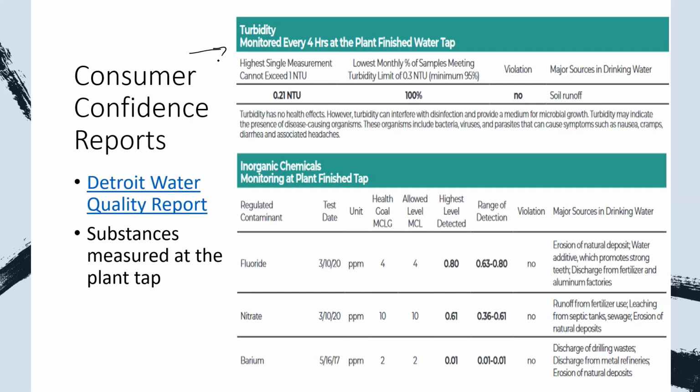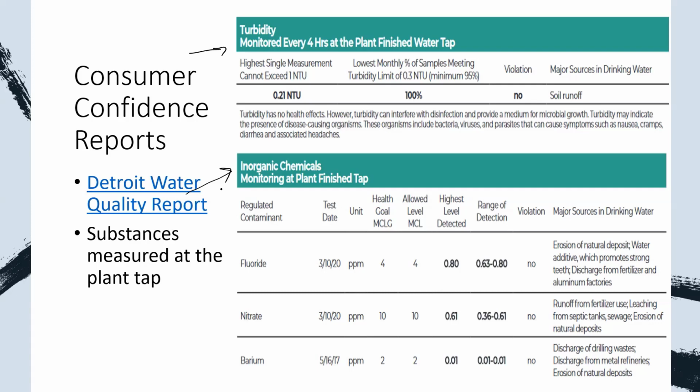The regulations for surface water are much more stringent than that for groundwater. And notice it's providing information about turbidity from the filters. And there are specific requirements about turbidity levels.